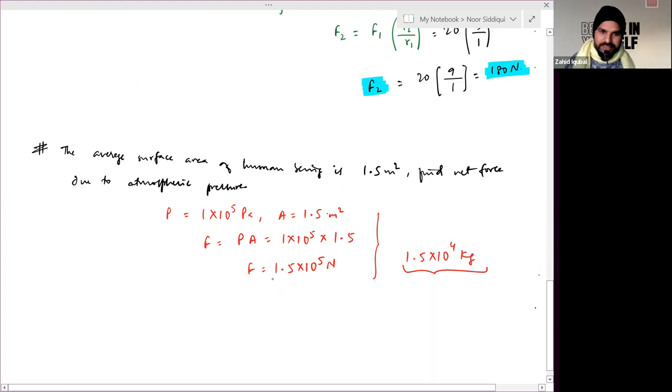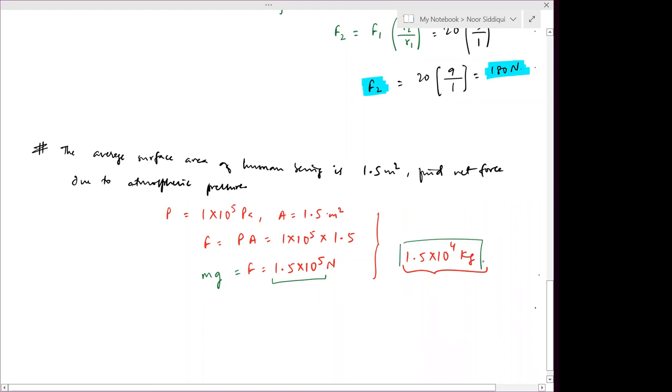I've just calculated 1.5 into 10 to the power 5 Newton and converted in terms of mass by m into g. So the value of gravity is 10, divided. So the total mass on applying this much amount of force will be about this much. Is it clear? Okay. Yes, sir.